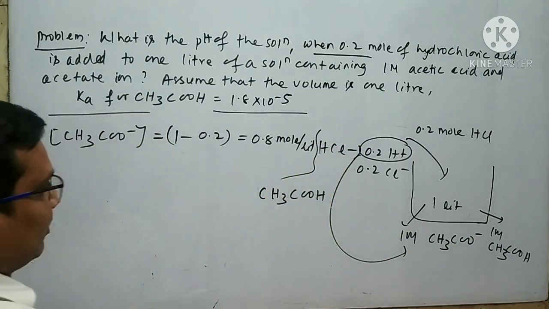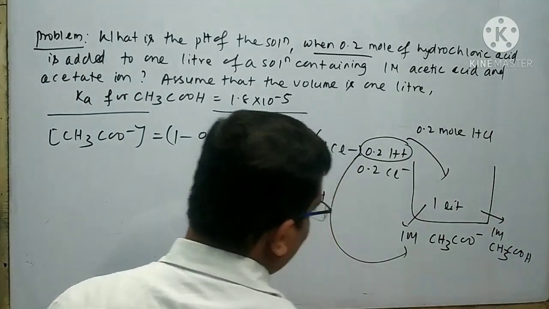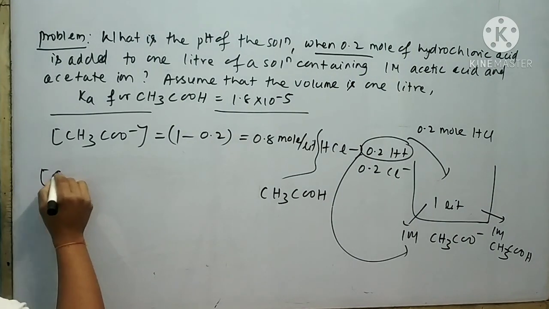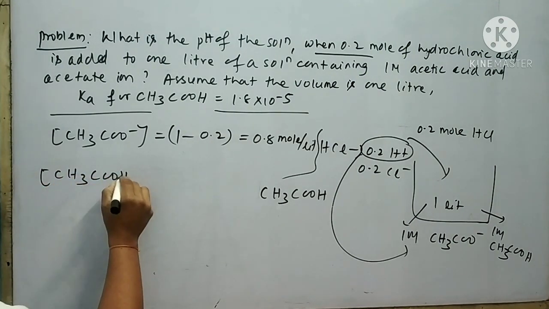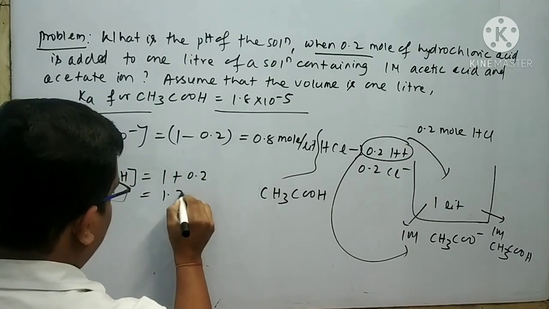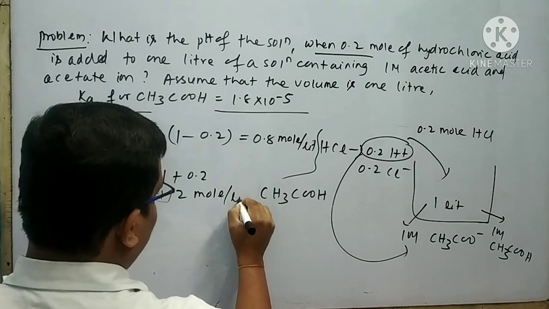On the other hand, the concentration of acetic acid increases. So the concentration of acetic acid equals 1 plus 0.2, which is equal to 1.2 mole per liter.